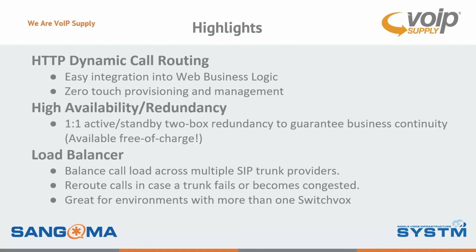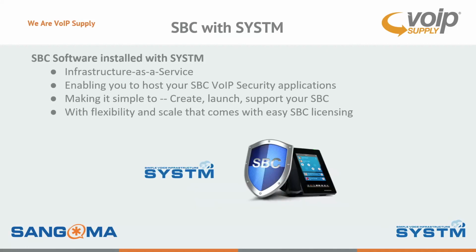So I have this ability to route one call to multiple destinations. I can fail over if one destination is congested or out, or I can fail over to other services, right? So it's a great environment for more than one switch box, and also for more than one trunk provider.